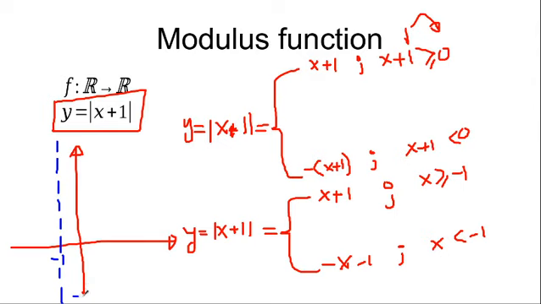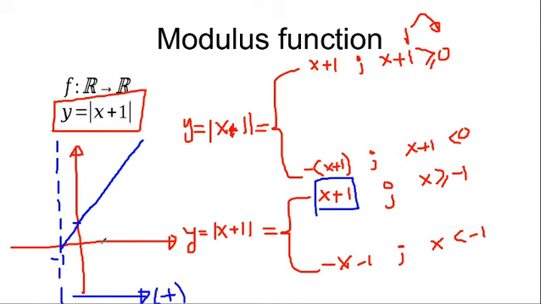Okay, so towards the right side from minus 1, the function behaves as y equals x plus 1. Y equals x plus 1. So how does the function y equals x plus 1 behave? You know, the intercept here being 1, so just have to draw this like this, right?